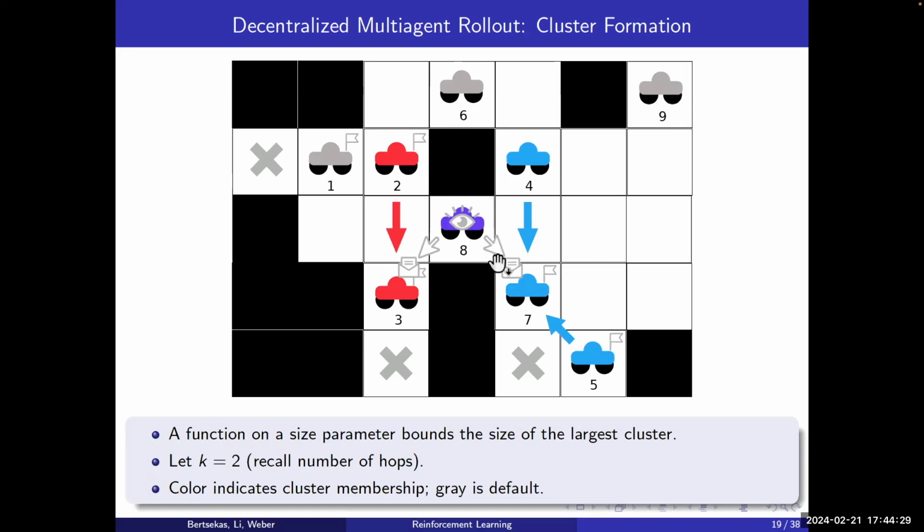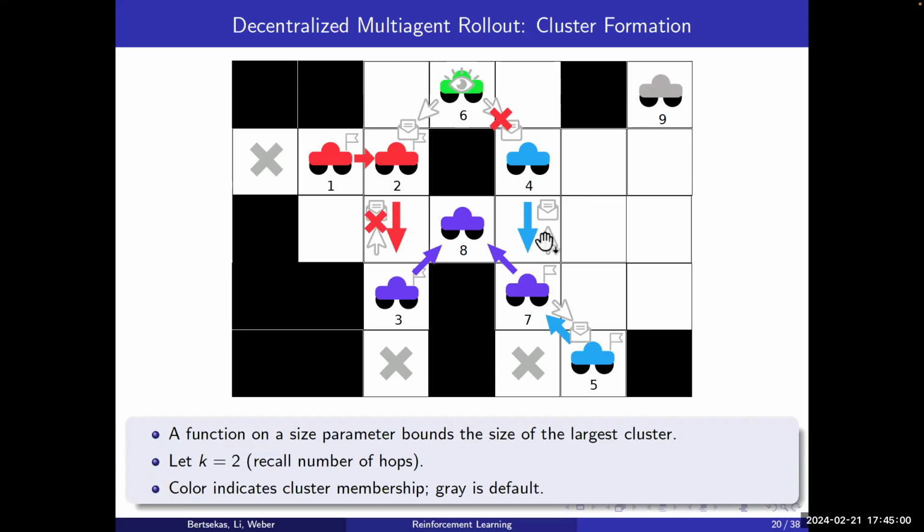So it sends these messages, and then 3 and 7 accept the messages, so they join the purple cluster, but there are still these messages in transit. Going back, agent 1 joins this red cluster, which is in the process of dissolving, and we get this other thing where 6 now sees 2 agents in different clusters, so it also initiates this cluster join process and starts sending out these messages.